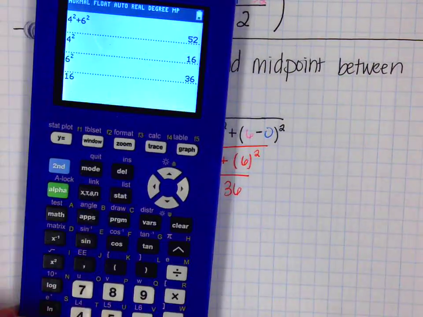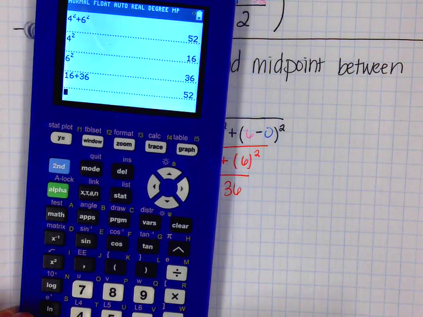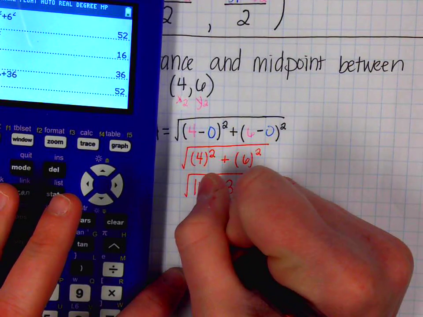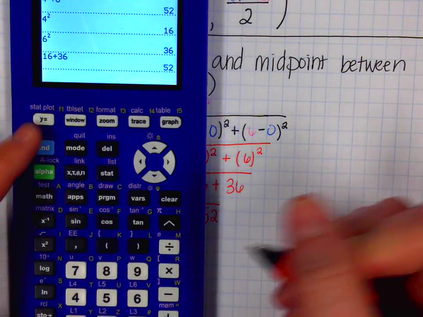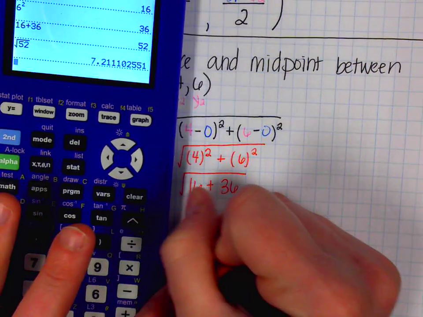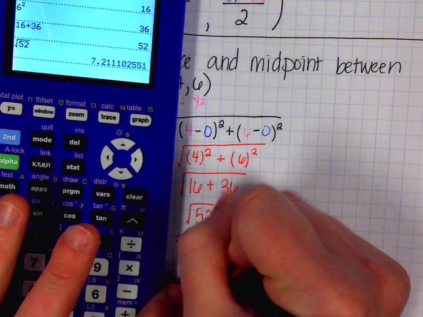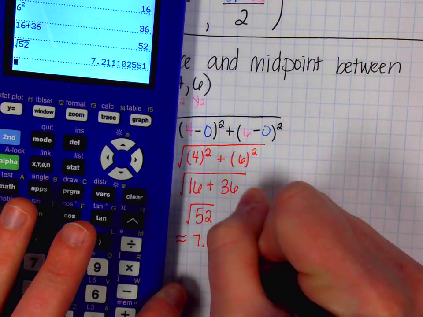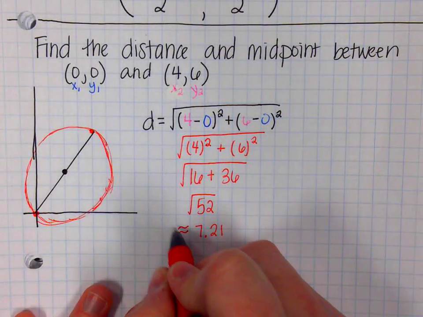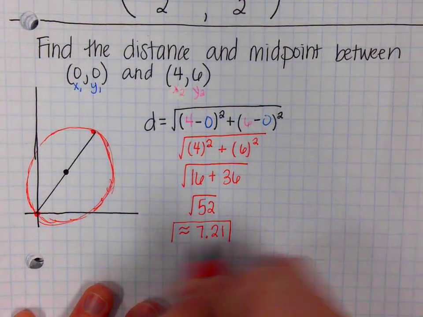Add those up, 16 plus 36 is 52. And we need to take the square root of 52, which is approximately 7.21. So that would be the distance.